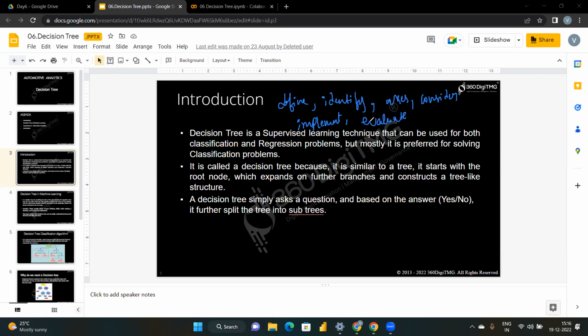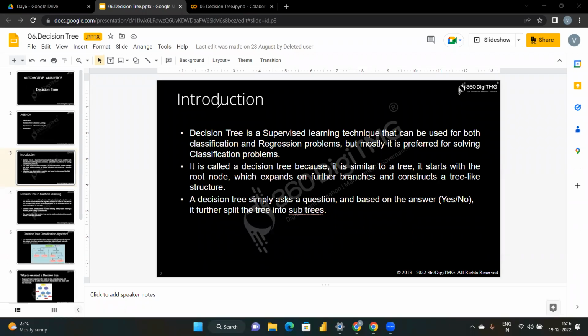So these are the five processes of decision making. The decision process ensures that it is the best solution. So the decision making process includes the steps we see: defining, identifying, considering, implementing, and evaluating. These are important for us, the introduction of decision making.